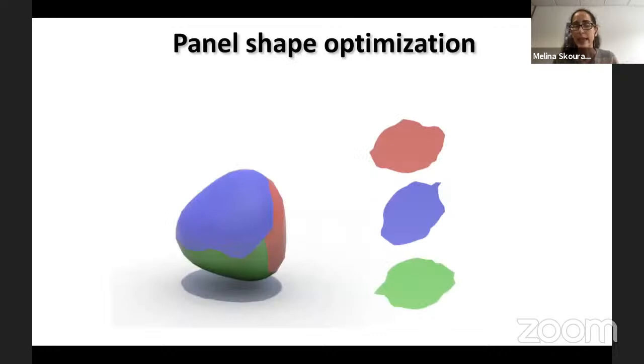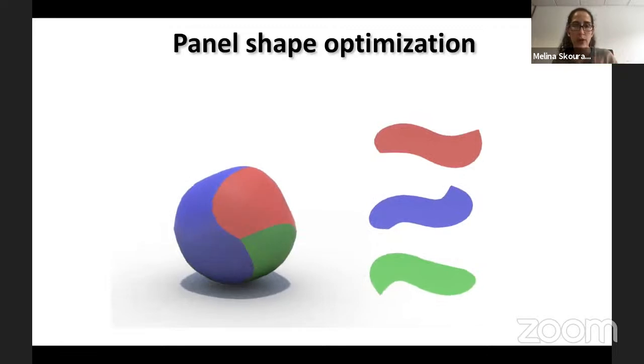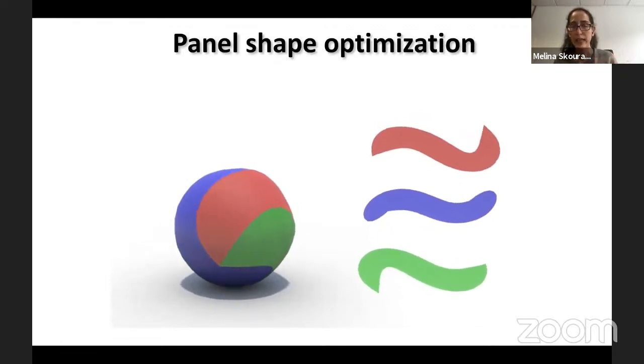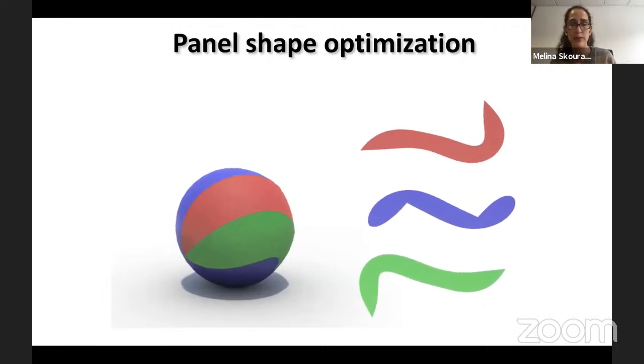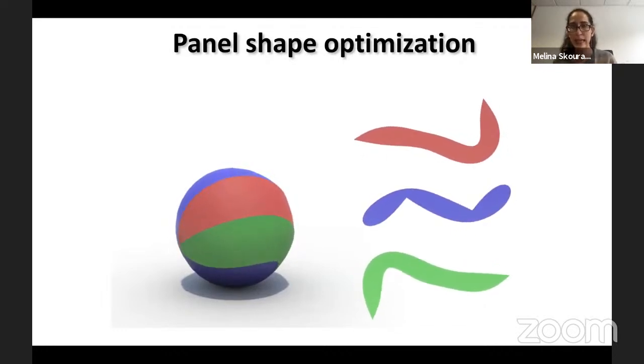So this is what we get for this simple sphere example. We started with 3 panels, so you initially get this kind of elongated shape that looks a bit like a rugby balloon. And this is what you get when you optimize the panels. The panels really change their shape.